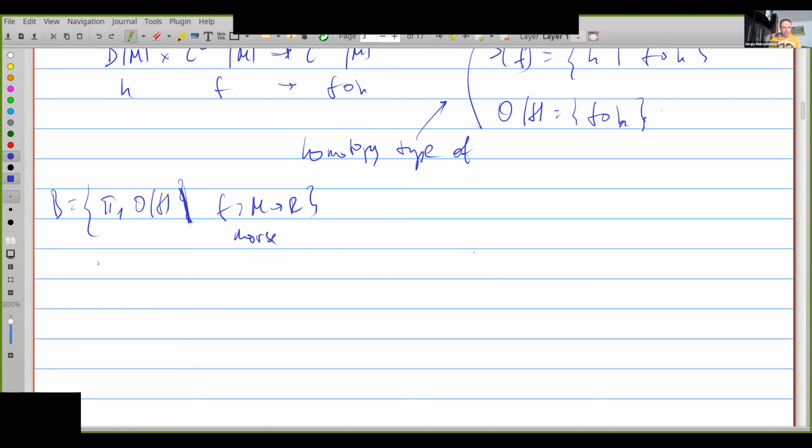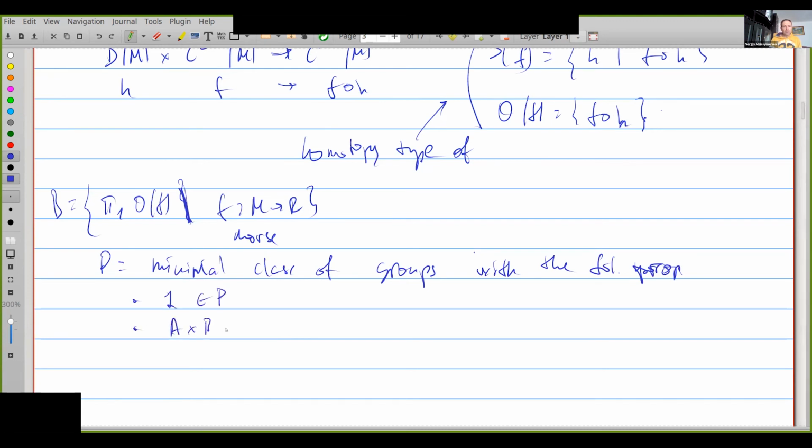Consider two operations over groups. Let P be the minimal class of groups having the following properties. First of all, it contains the unit group.